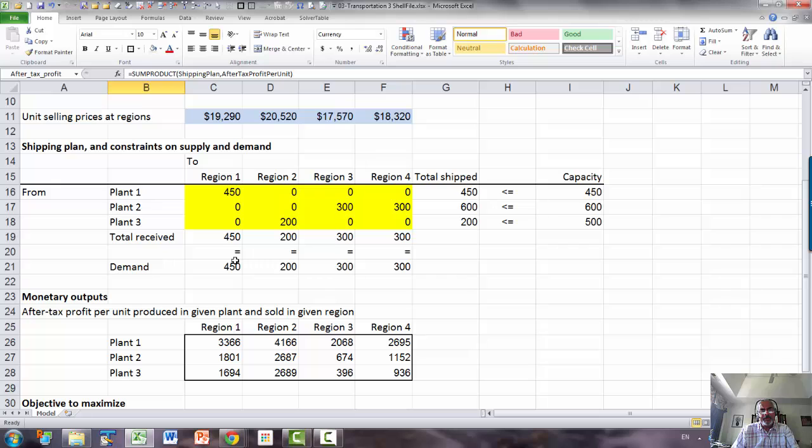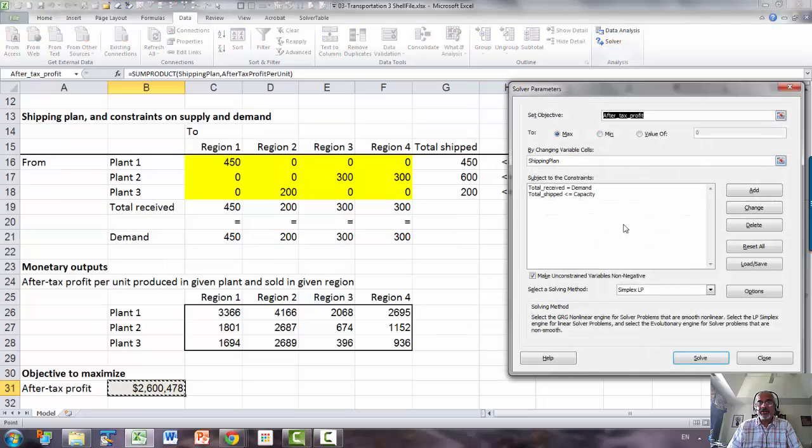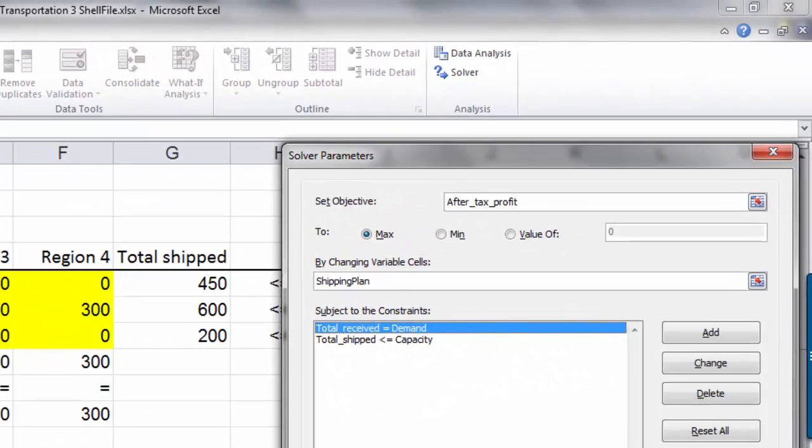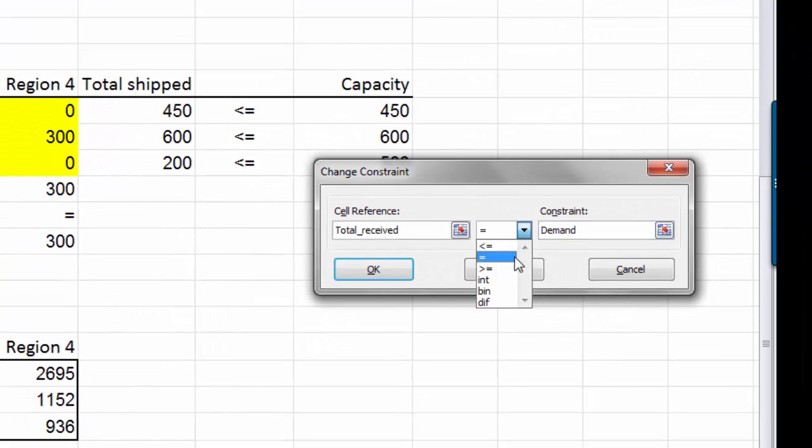Now, if these demands are assumed to be minimum demands, in other words, if we can supply more than the demand amount given here, then we will be able to make that additional profit. If that is the case, then we can change the demand constraint, instead of being set equal to the demand values, to greater than or equal to.